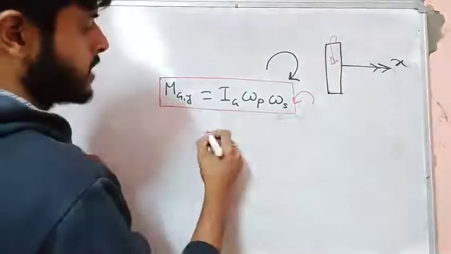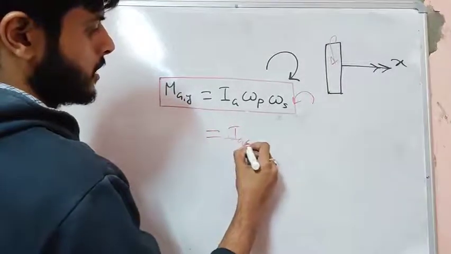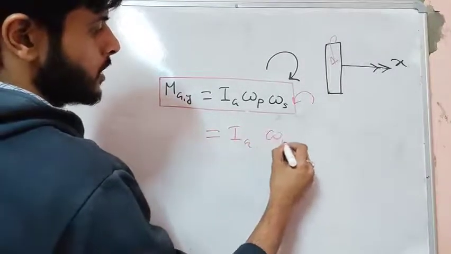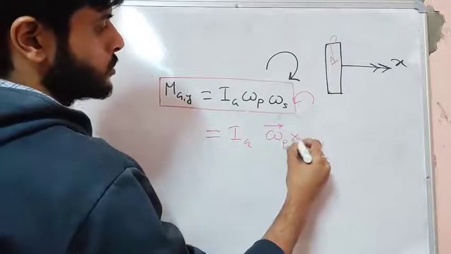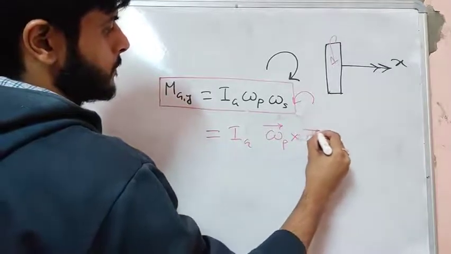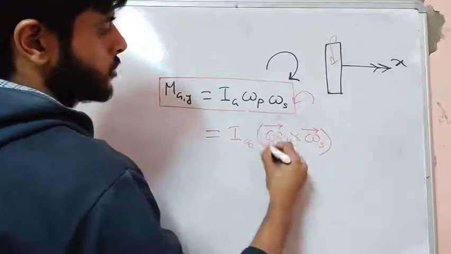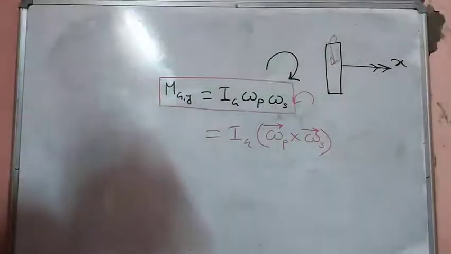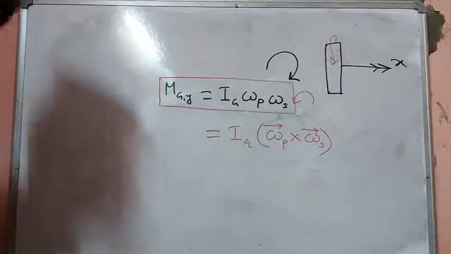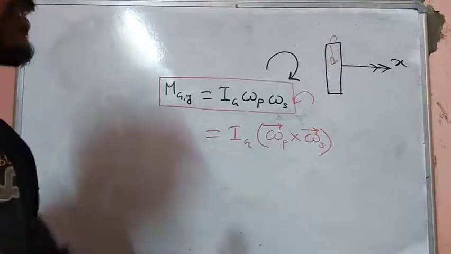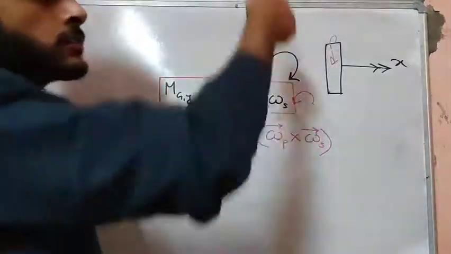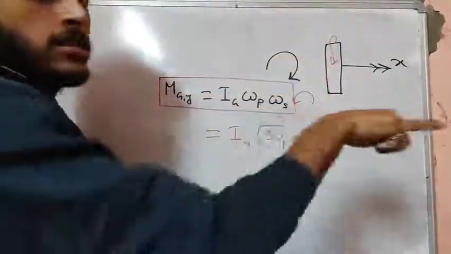This equation can be written like this: Ig times omega p vector cross omega s vector. This will give us the direction of the gyroscopic couple. How do we find the gyroscopic couple? Omega p cross omega s. Omega p is in this direction and omega s is in this direction, right?